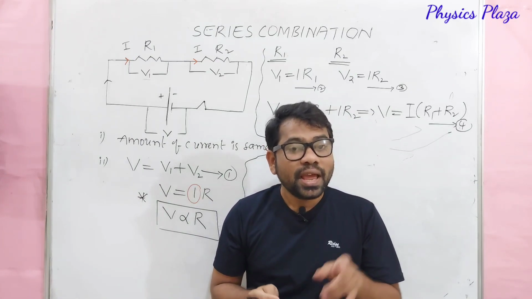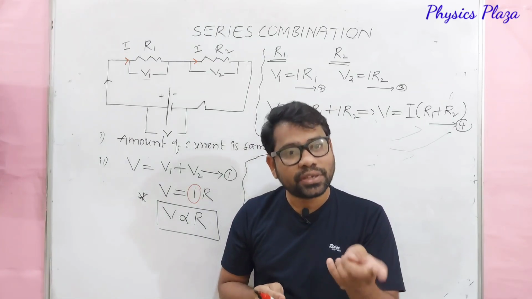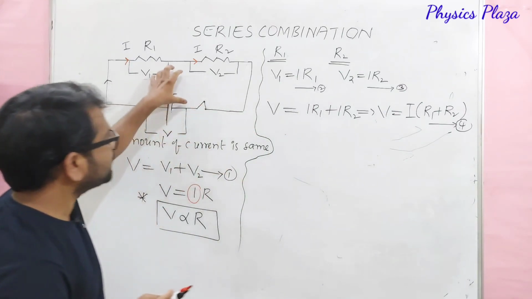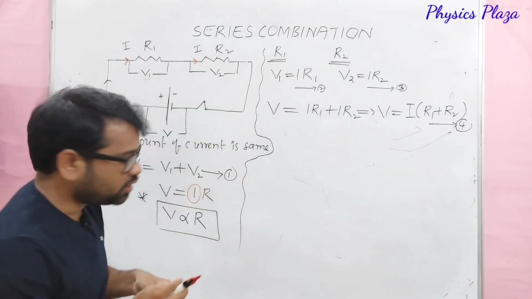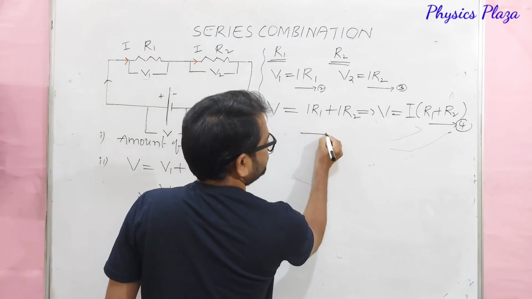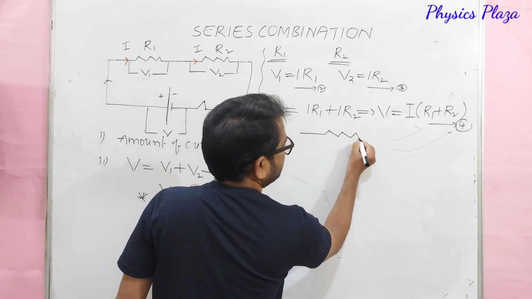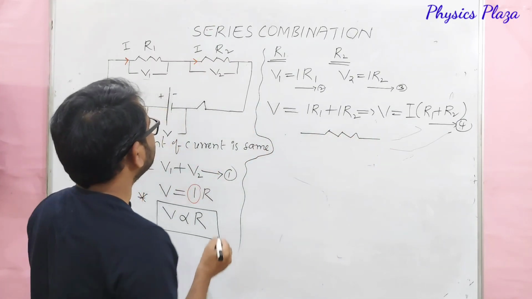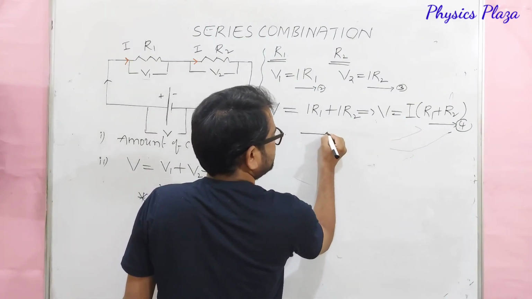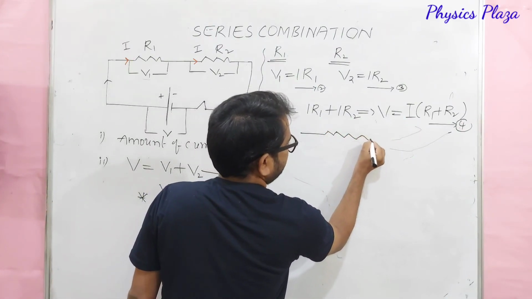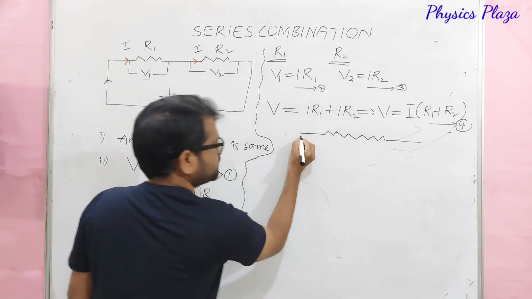That only we can call an effective resistor. Then we can redraw this diagram. It will be like this, a single effective resistor.